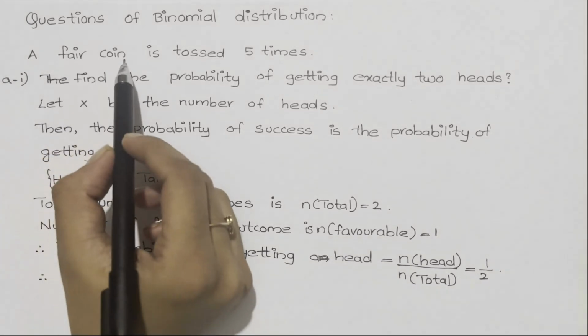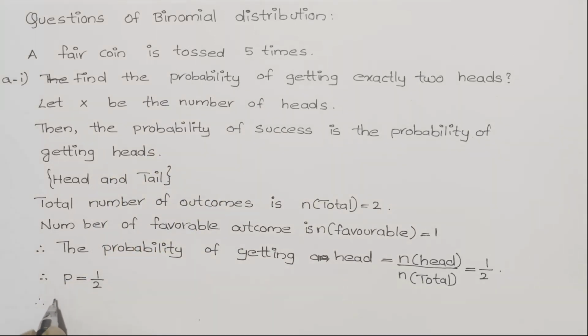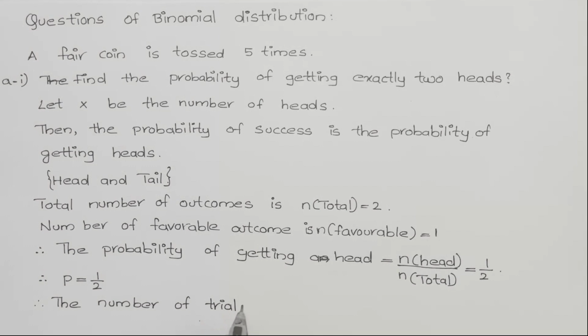Here given that a fair coin is tossed 5 times. Therefore, the number of trials is n equal to 5.